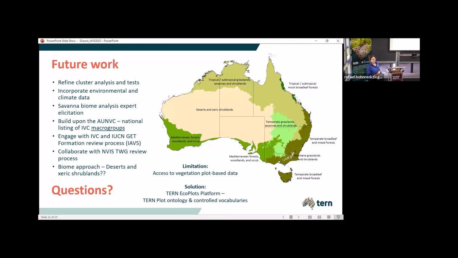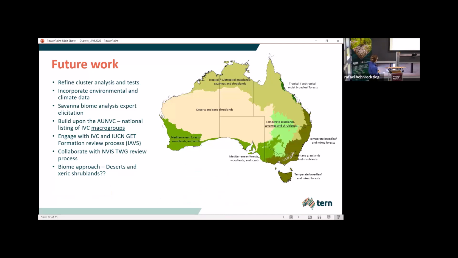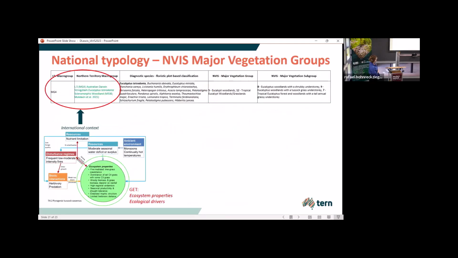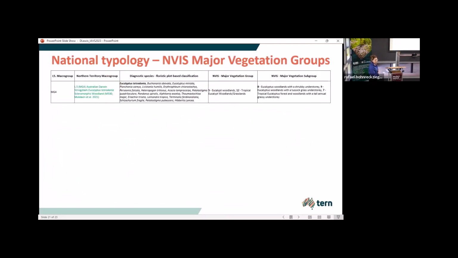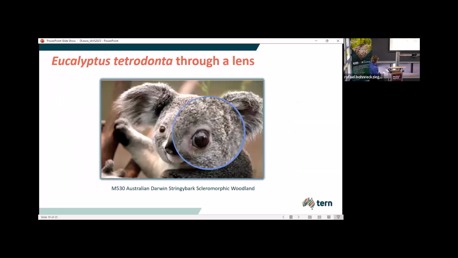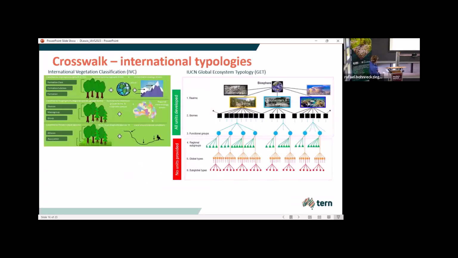So the way they've catered for it in the IVC, and let me see if I can go back to that slide, is they've created that savanna, and I'd have to go back and look at the description in the GET typology for the pyrrhic versus the hummock to answer your question properly. Oh, here we are.